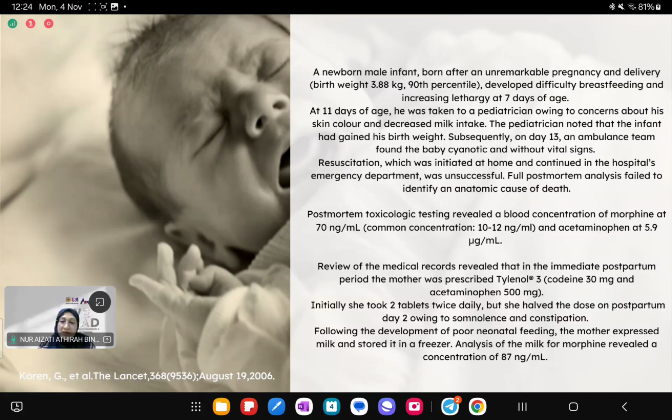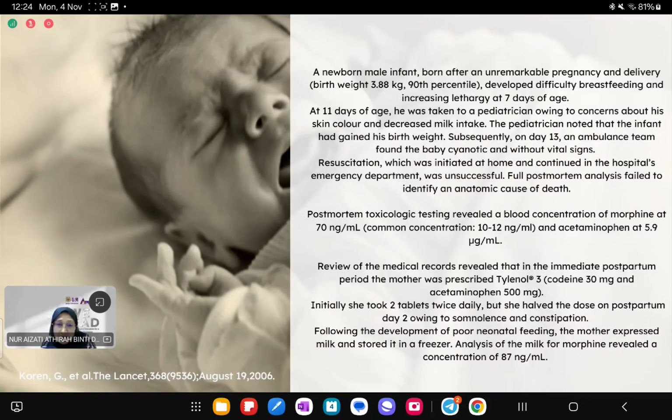Because the mother breastfed, the morphine is transferred into the breast milk, and the baby takes the breast milk including the morphine. That's why the baby's blood concentration of morphine is also high, and it explains why morphine is present in the breast milk.